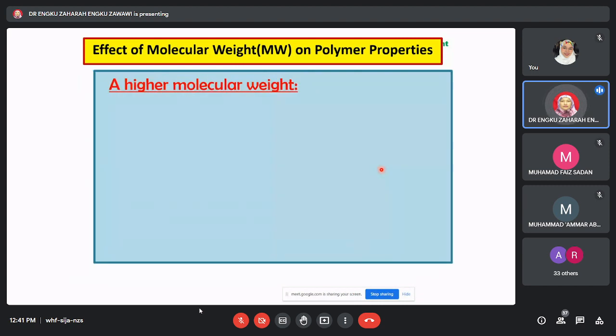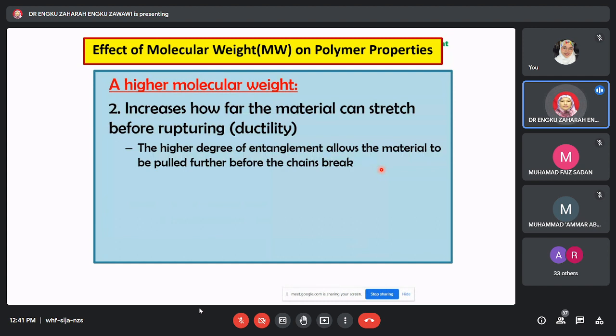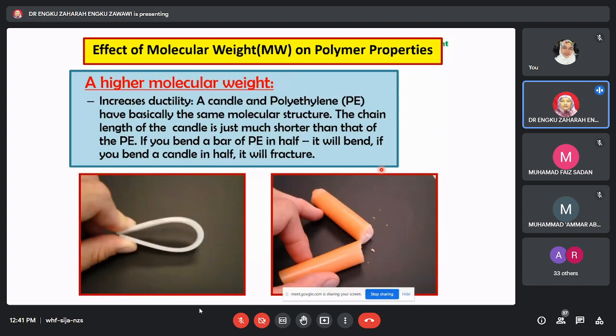So the higher the molecular weight, dia akan increases how far the material can stretch before rupturing, or itu bergantung pada dia punya ductility. So the higher degree of entanglement allows the material to be pulled further before chain break. So dia lebih strong lah sebab dia need more energy. So the higher the molecular weight akan increases the ductility.